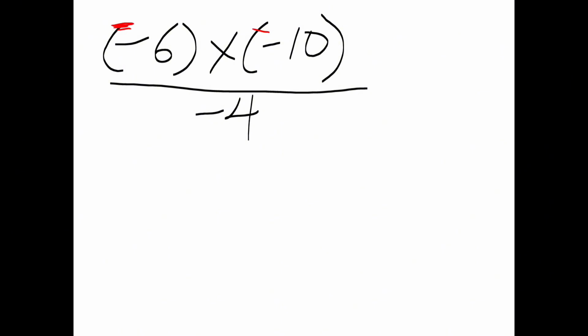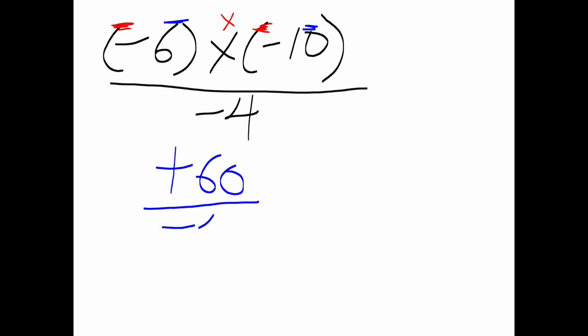It gives us what? Plus. That's very good. Plus. And we have 6 multiplied by 10 is what? Good. 60. Can you see that? So plus 60 divided by what is at the denominator? Minus 4. Are we together?